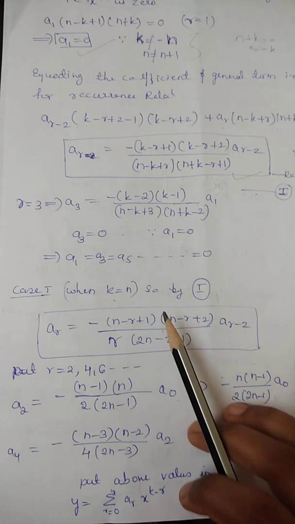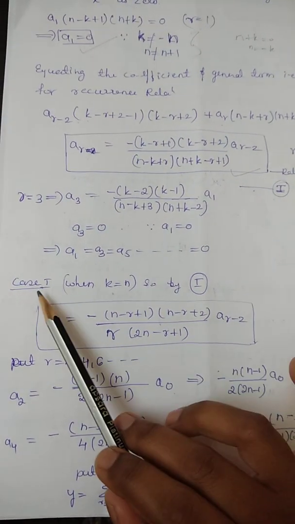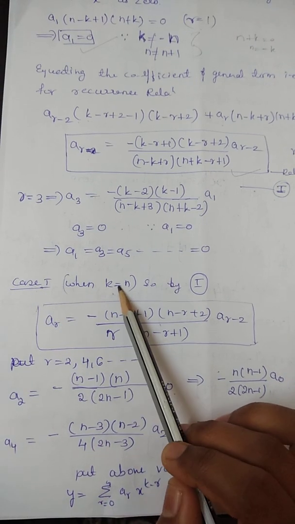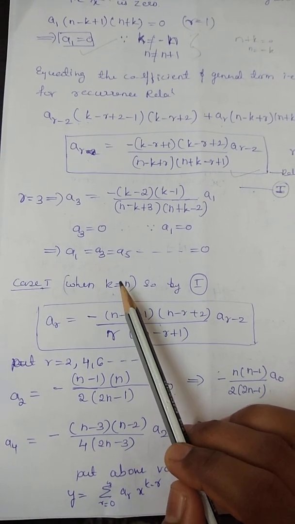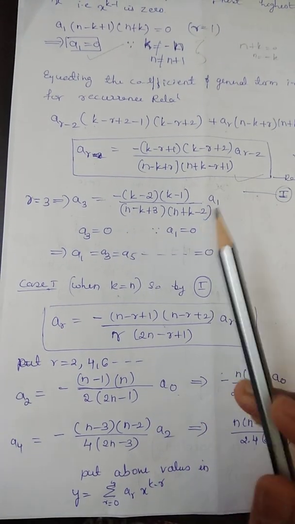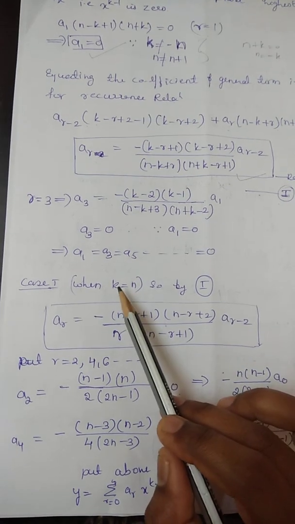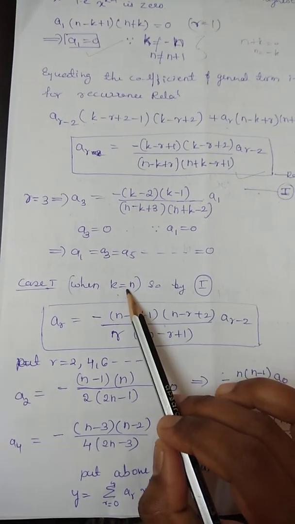Let us find now a2 values, a2, a4, a6, and so on. Now let us use case 1 when k is equal to n. We will change wherever k is there, that is equal to n.